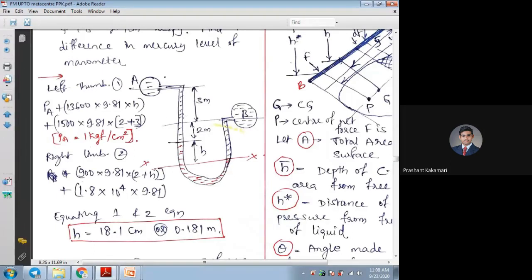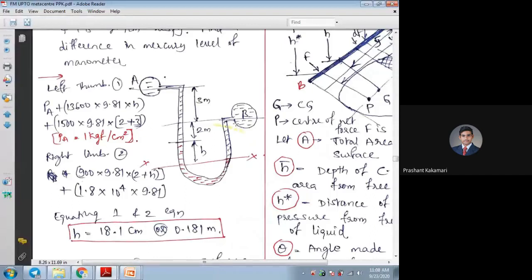So I can consider PA plus this column equal to, I'll take the partition line, see here, there is no mercury column, but there is a mercury column on the left side only. So left side only means, as it is on the lower side of this same column, I can take it as positive because it is towards PA. Then I can equate it to PB plus this liquid column on the lower sides.